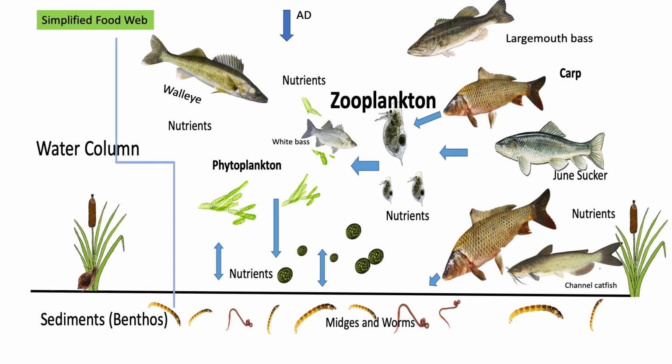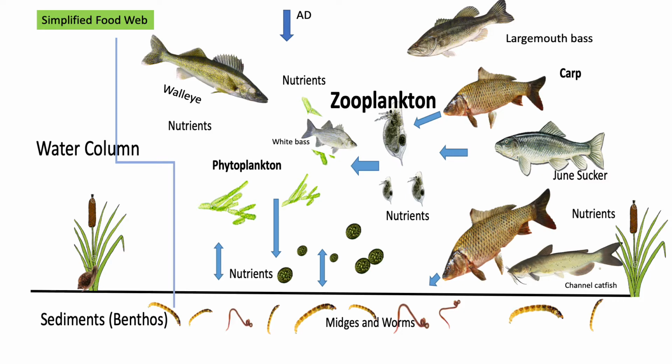Zooplankton are like cattle, or deer, or elk, or rabbits, or even bison. Zooplankton graze on phytoplankton and help determine which phytoplankton species occur, their nutrient quality, and their abundance at any given time. Zooplankton are the most direct top-down link to phytoplankton diversity and abundance and blooms in the lake.